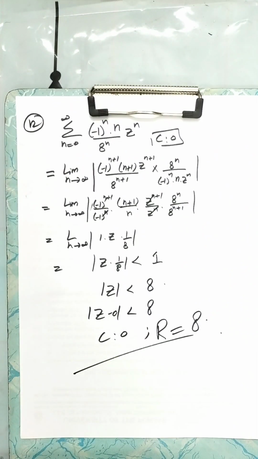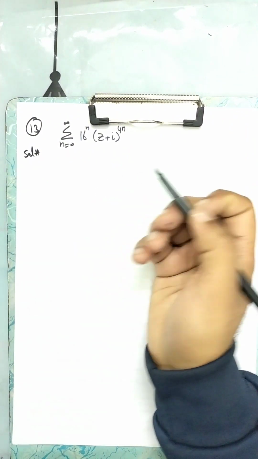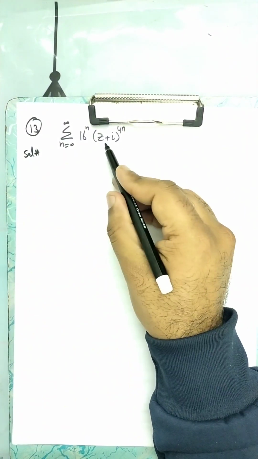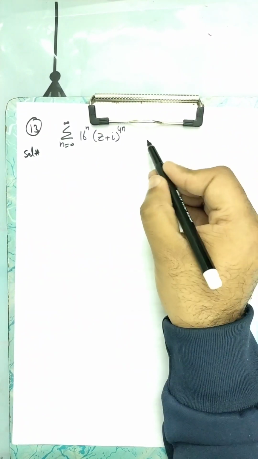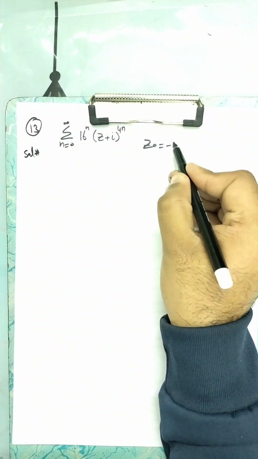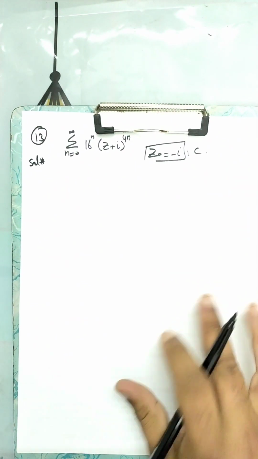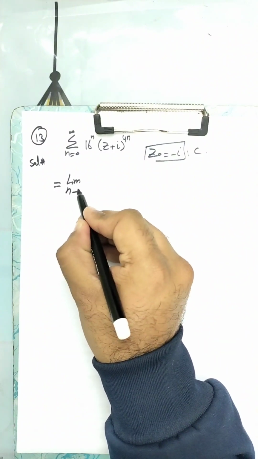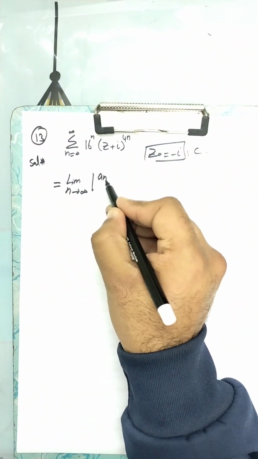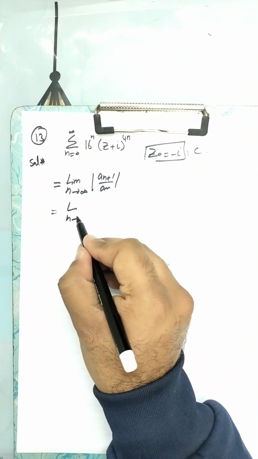Now we solve question number 13. Okay, in question number 13 again we find the center, comparing z plus iota with z minus z naught. So z naught is minus iota, so the center is minus iota. Now we find the radius of convergence using the Cauchy ratio test, and again we apply a(n+1) over a(n), as n approaches infinity.